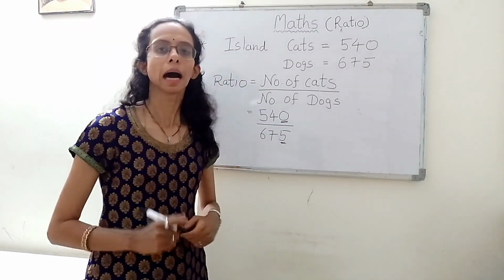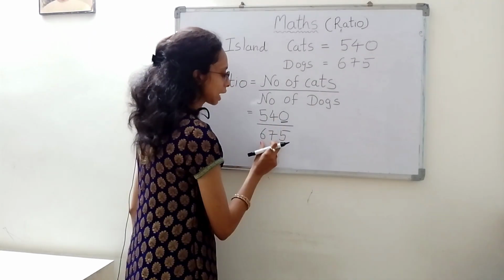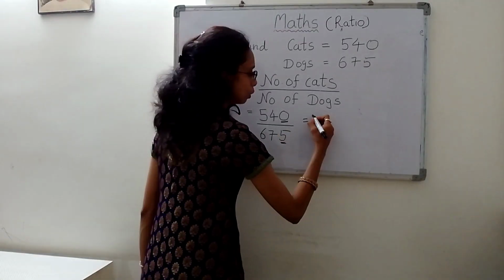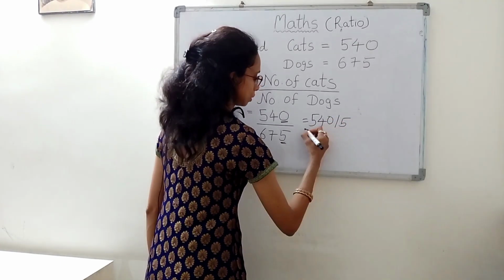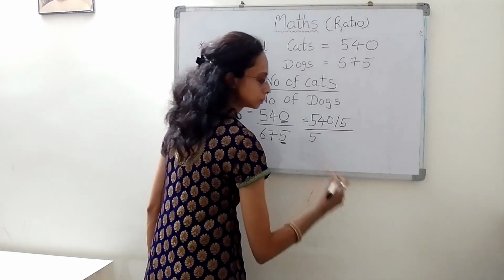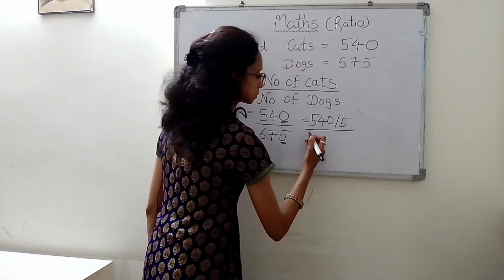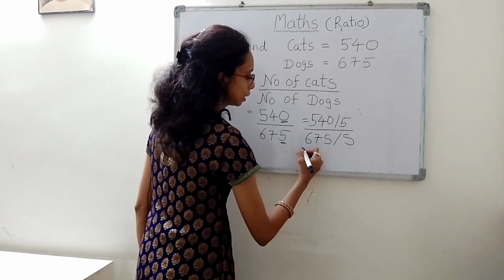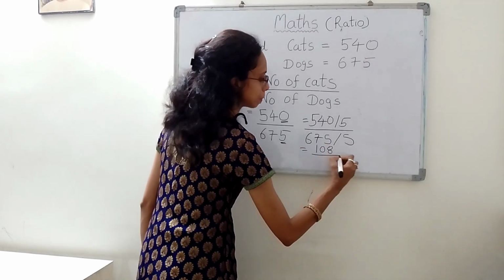Both the numbers are perfectly divisible by 5, and that is why we can write it in its simplified form. How? 540 divided by 5 over 675 divided by 5.